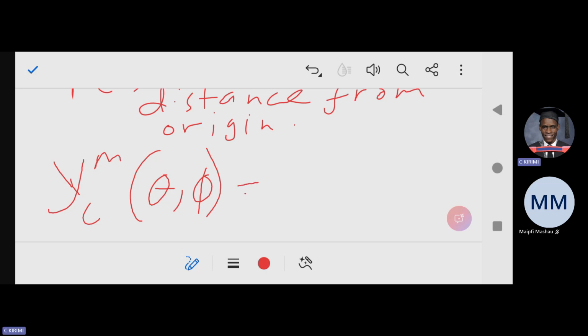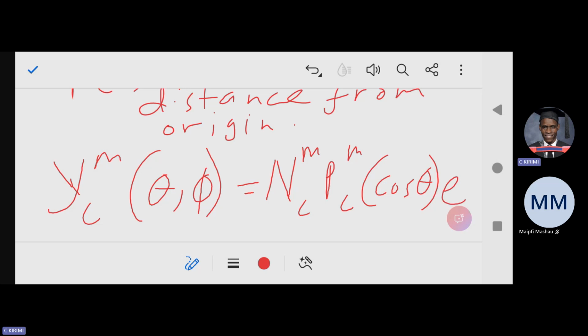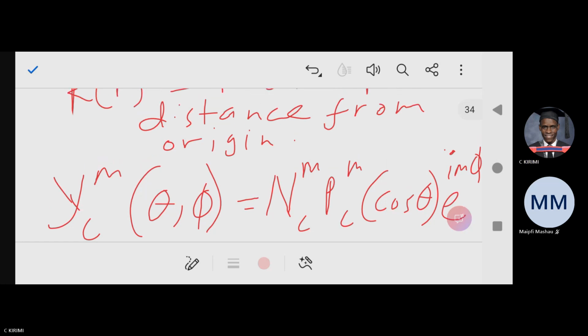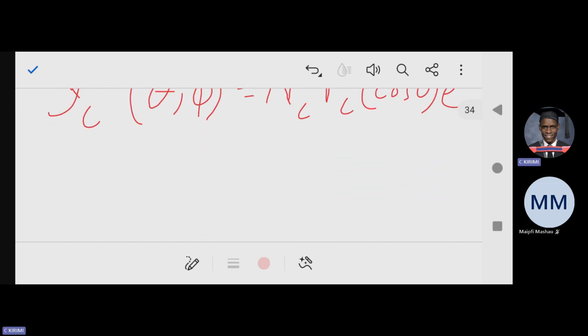Which can also be written, I will explain the symbols, as a normalization constant multiplied by P, L, M of cos theta, e to the power i M phi, and these formulas you must know them. That is our Y of L, M, and what are those symbols going to tell us?